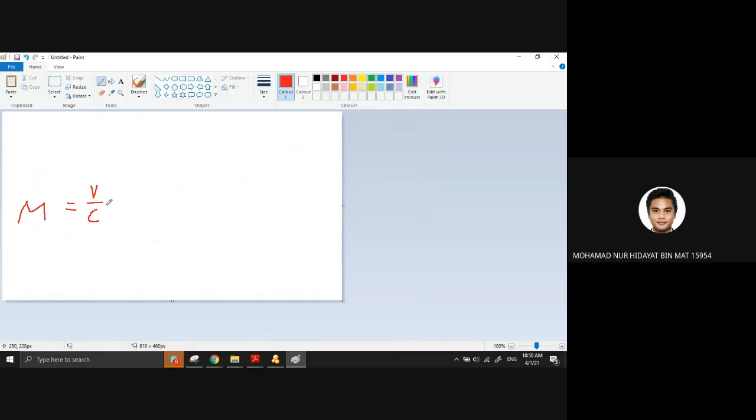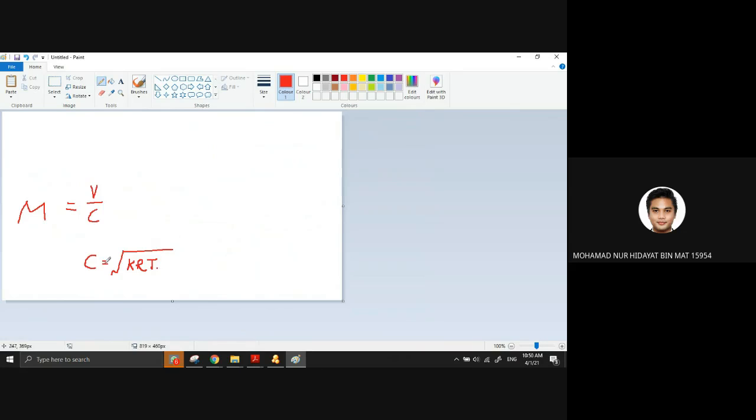Local here means the location at that particular point. So you know that C is the square root of K R T. R is the gas constant, K is the specific heat ratio.